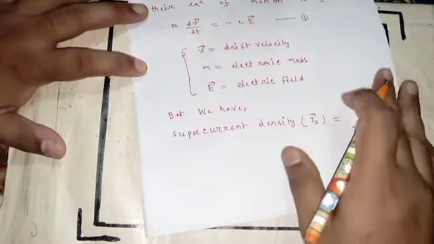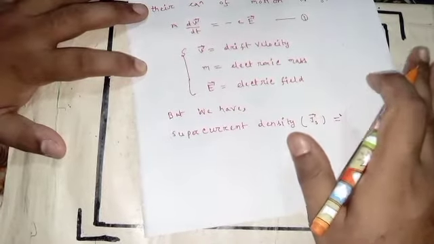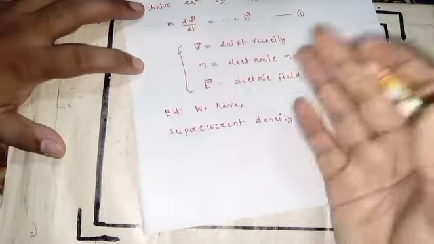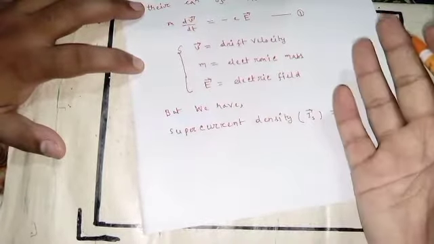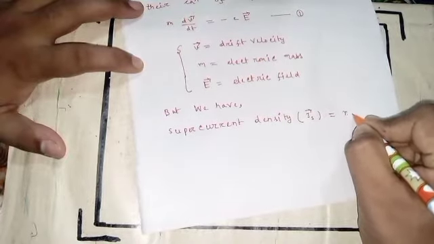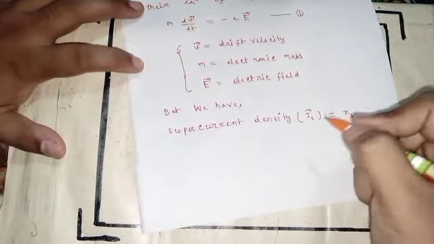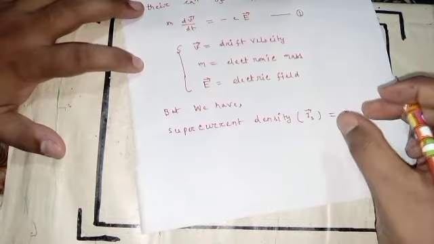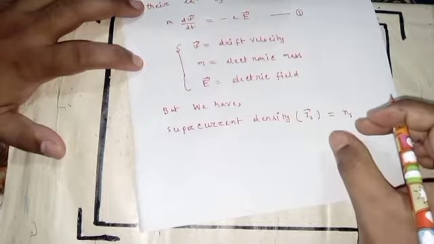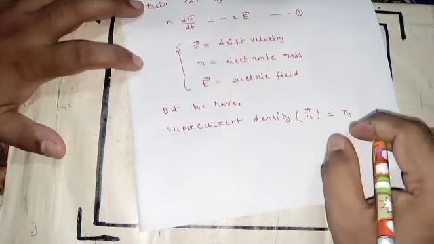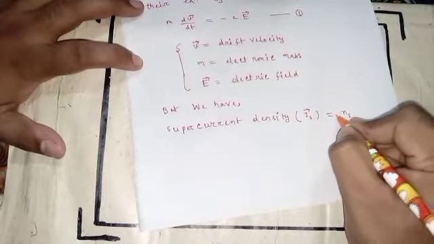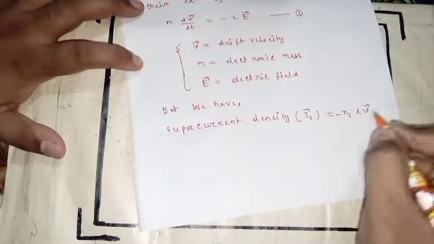We know current density is equals to n e v vector. So the superconducting current also has the same equation, but here n will be changed to Ns, because this is the total number of superconducting electrons. So here the subscript is s: Js is equals to minus Ns e v vector.